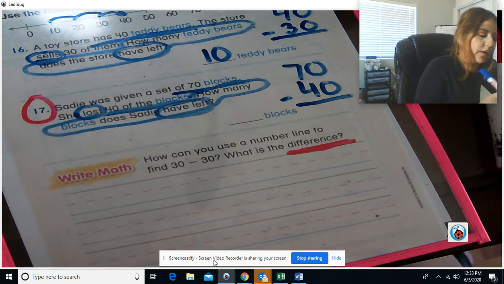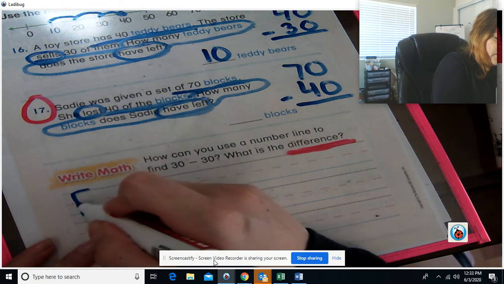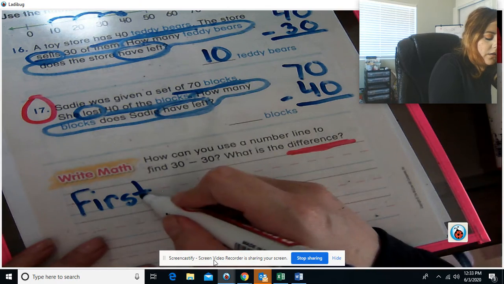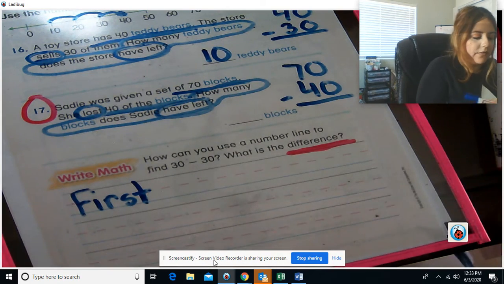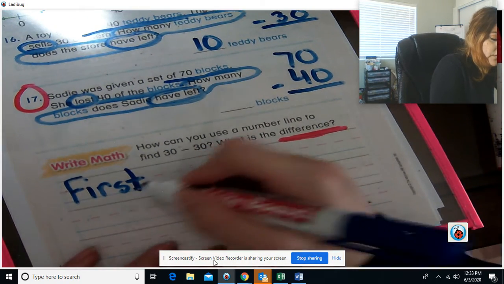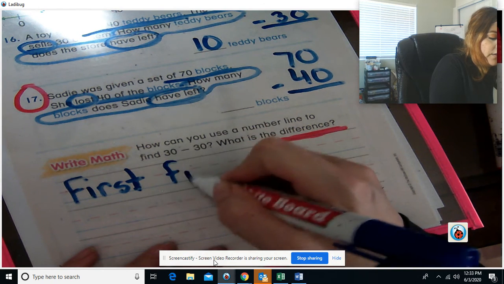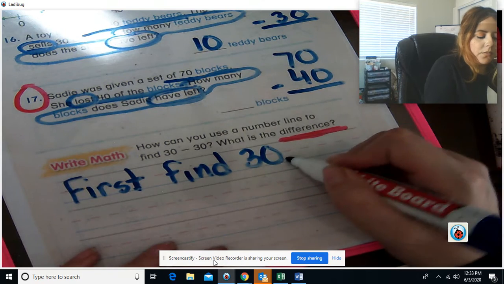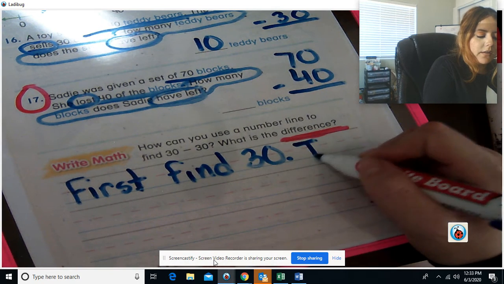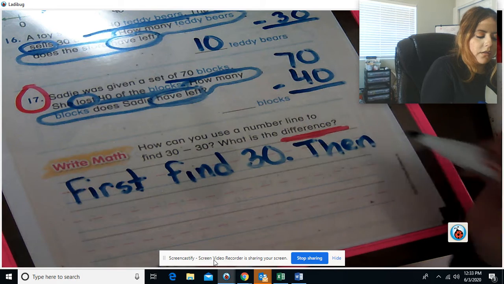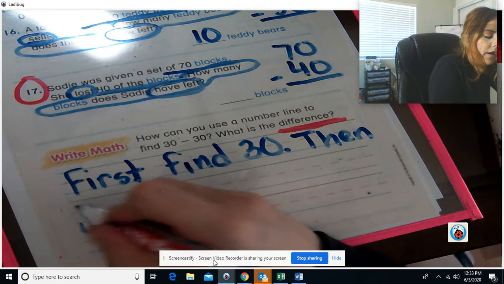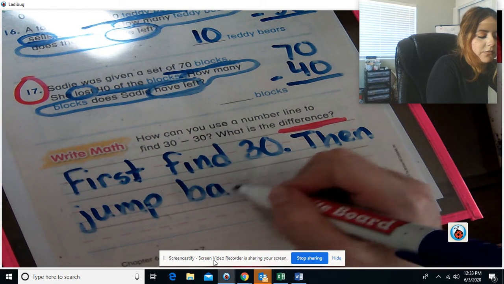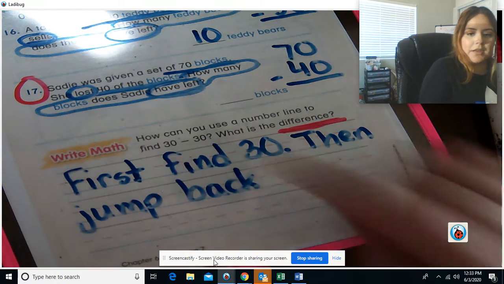So we use a number line by first finding 30. Period. Then jump back. How many spaces do we need to jump back if it's 30 minus 30?